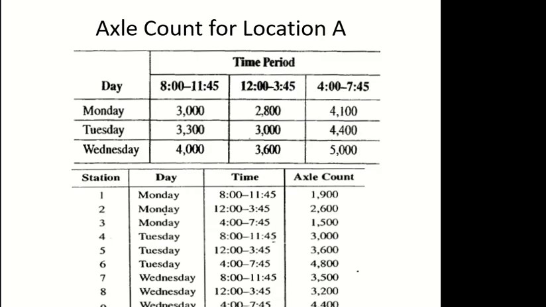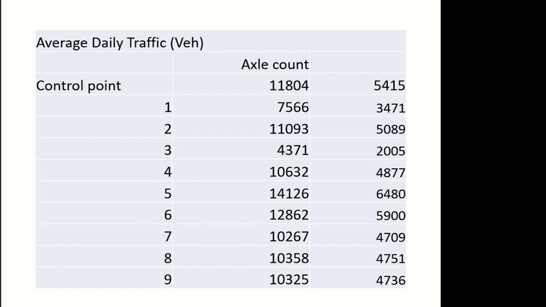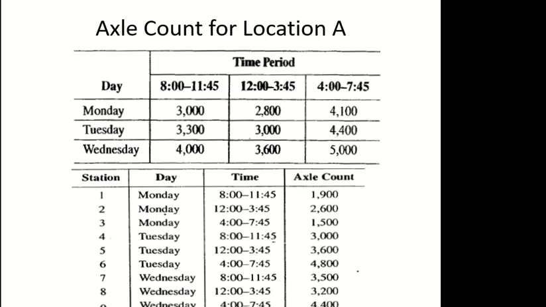So for the control location, I will have for each day a value for 12 hours, and for three days I will have three values for 12 hours. So we will calculate the average then. For the control location A, I will have average of 12 hours for the 3 days. Now using that, we will calculate the adjustment factor and the expansion factor.